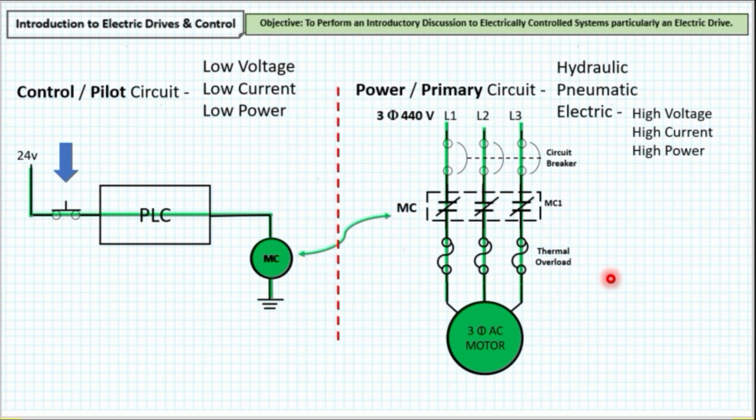Okay. So what can be the reason? Bakit kailangan ng isolation? So of course, one of the primary reasons is safety. In a power circuit that utilizes higher voltage, higher current, and higher power, of course, there is a chance na mas delikado yun. Okay?